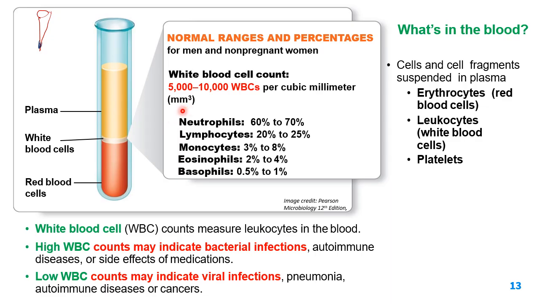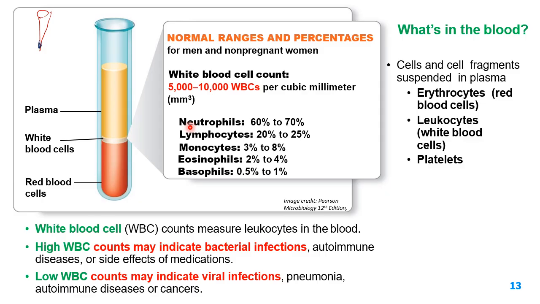So what is the percentage of all the different types of white blood cells that you're going to find there? You're going to have neutrophils, lymphocytes, which are your B cells, T cells, and natural killer cells, monocytes, eosinophils and basophils, and the order of their concentration goes in this way.